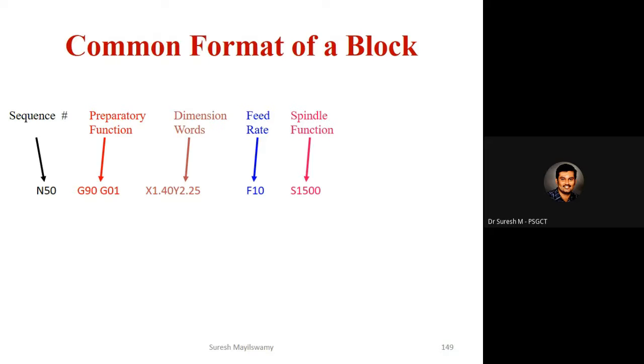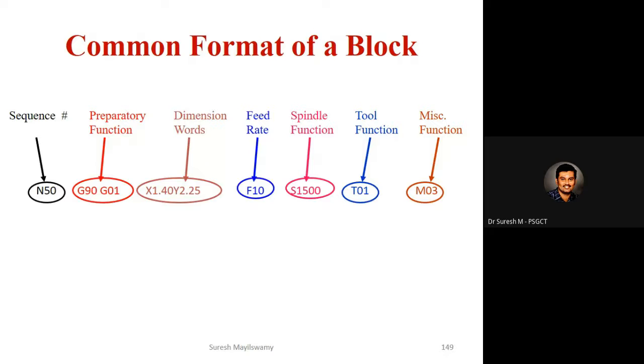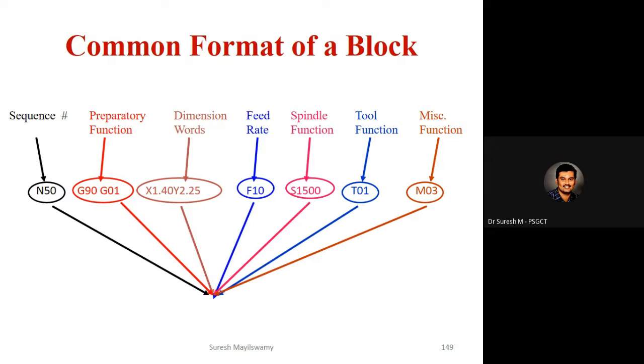And spindle function is S1500. Tool function also we have to give, which tool should perform the machining operation. That will be fixed here. And miscellaneous command M03, spindle on clockwise is M03. All these data are considered as a single word or individual word.